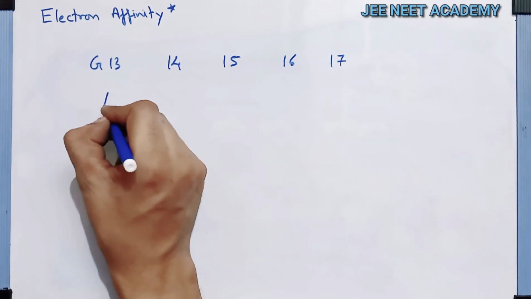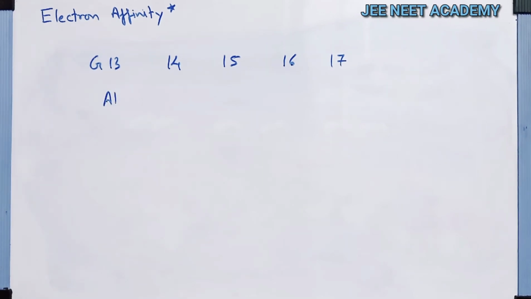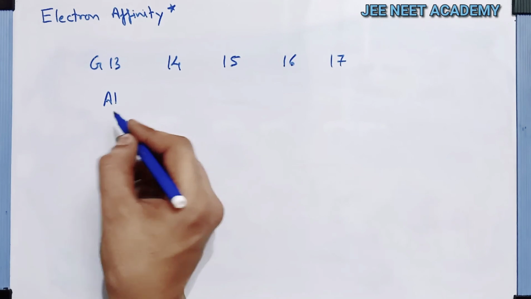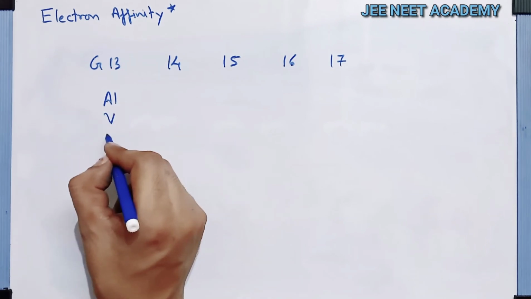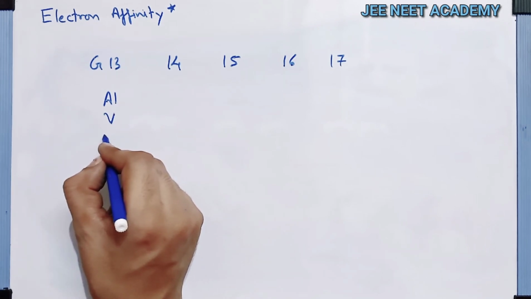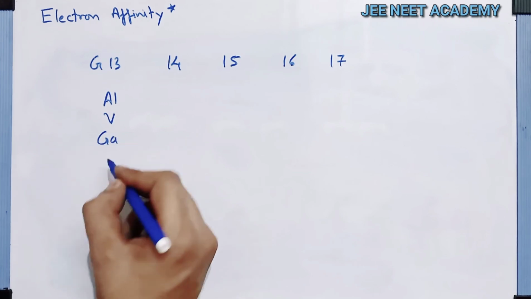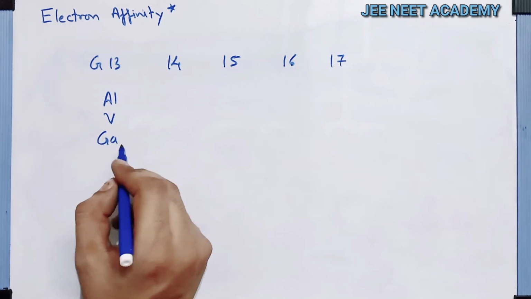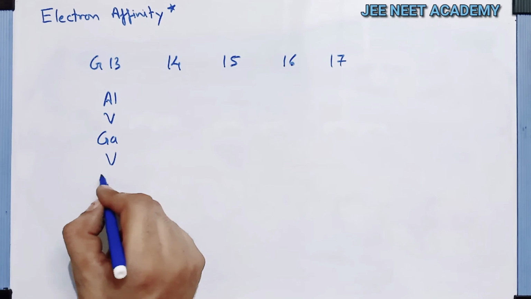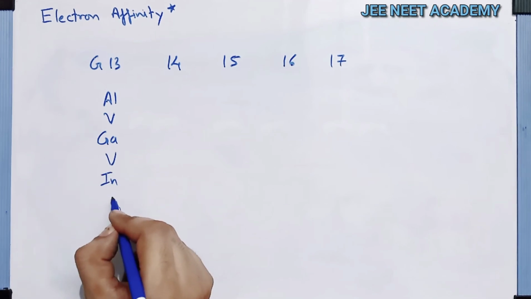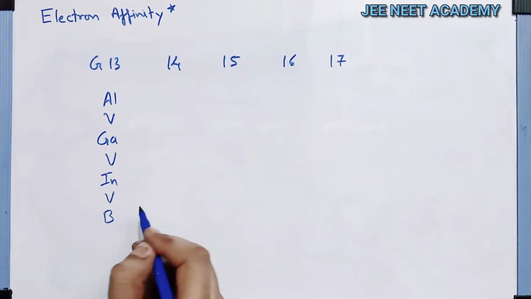Here aluminium, because that is a third period element, will have more electron affinity than gallium, then indium and then boron.